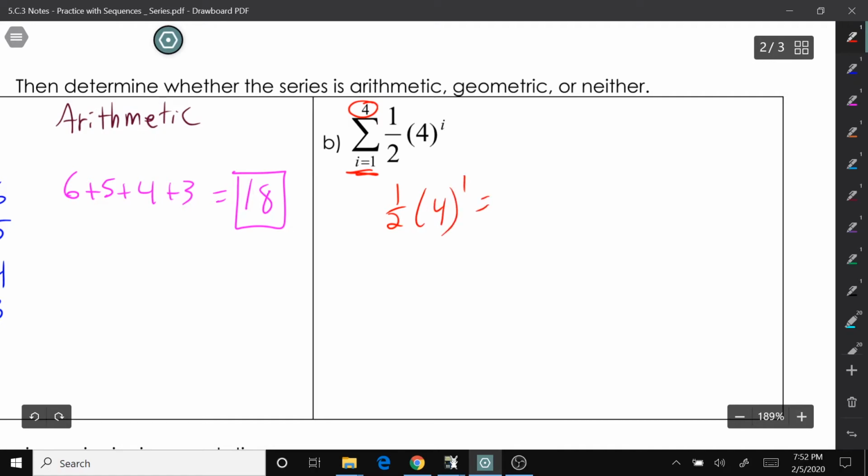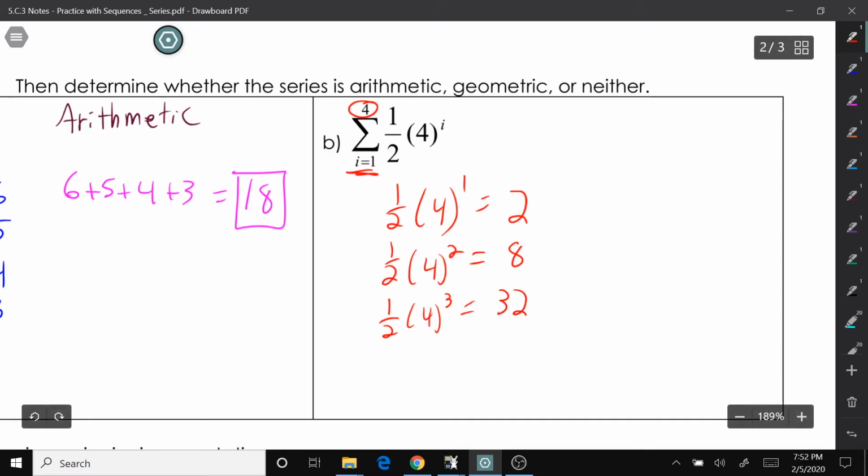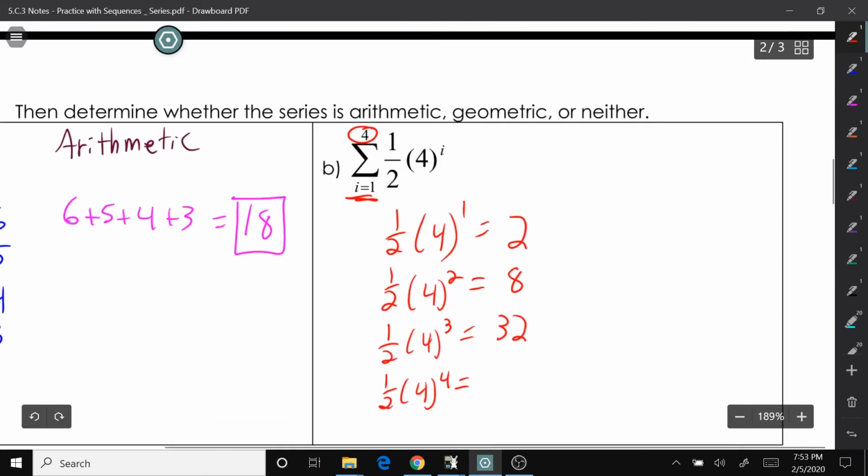Well, 4 to the first power is 4, times 1/2 is 2. 1/2 times 4 to the second power: type that in the calculator and you will get 8. 1/2 times 4 to the third power, you'll get 32. 1/2 times 4 to the fourth power, you should get 128.